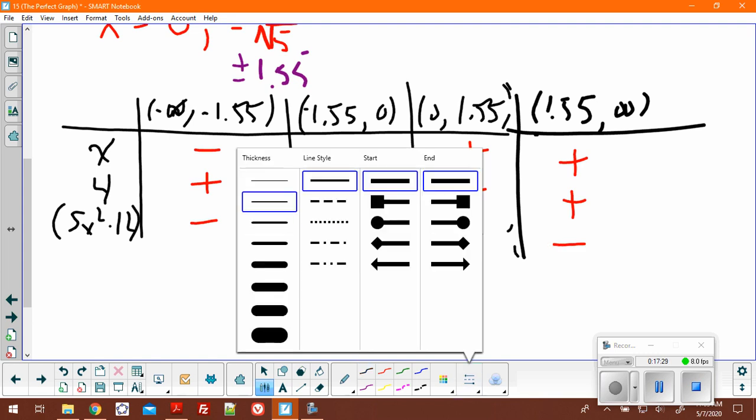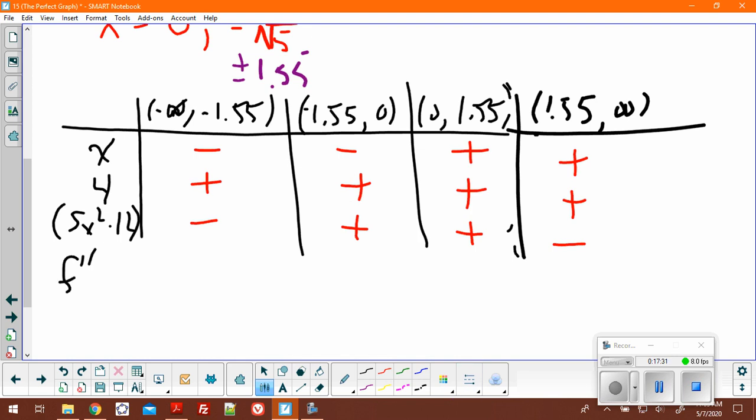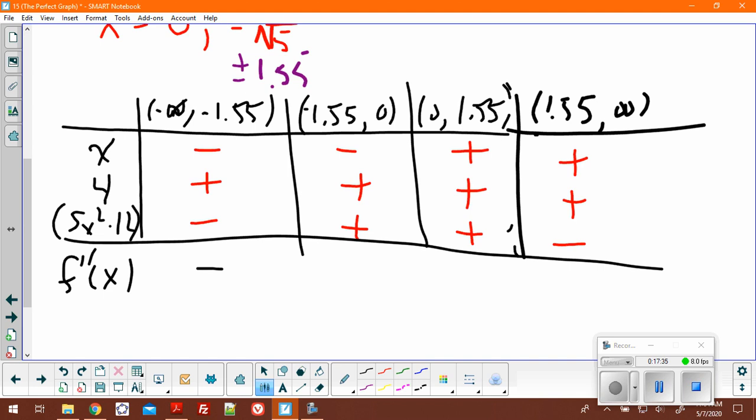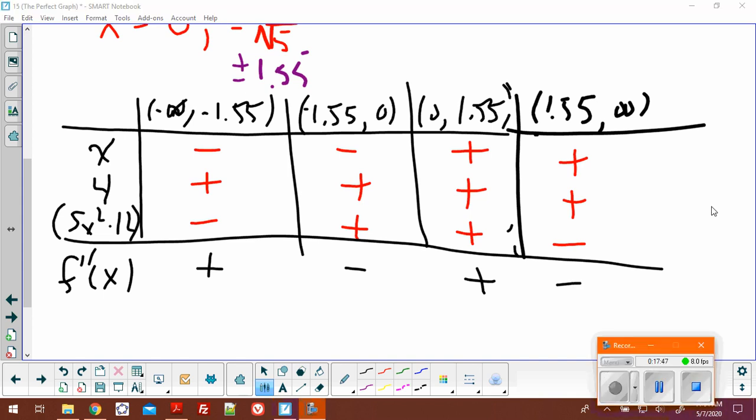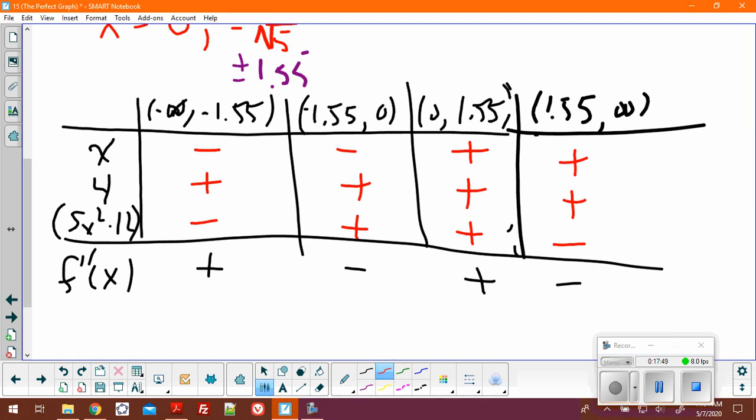So overall, my second derivative is going to be, oops, pardon me, going too fast. That's not right.